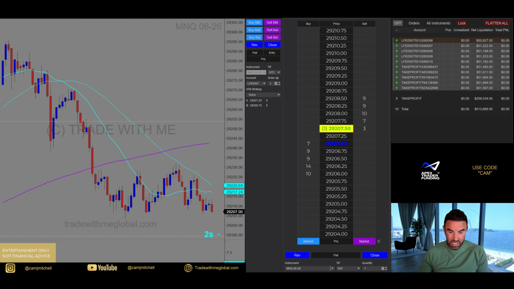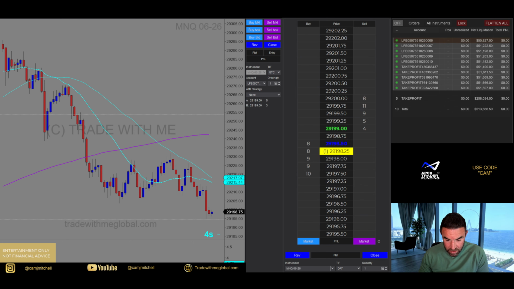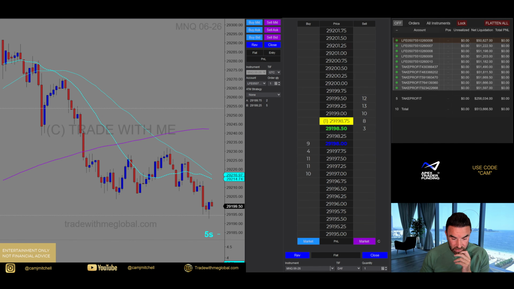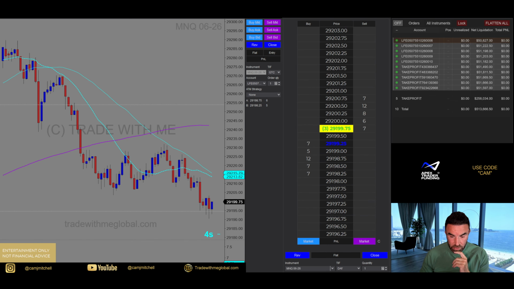It's just not, that is a horrible pattern for going down on the 5. That's the level there. We're drifting down to this level again.